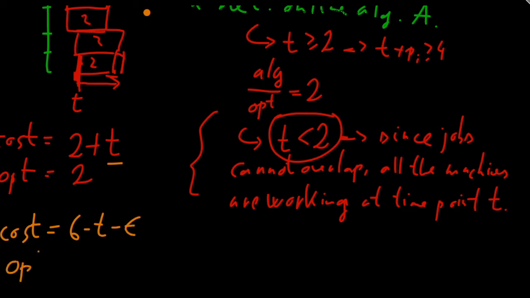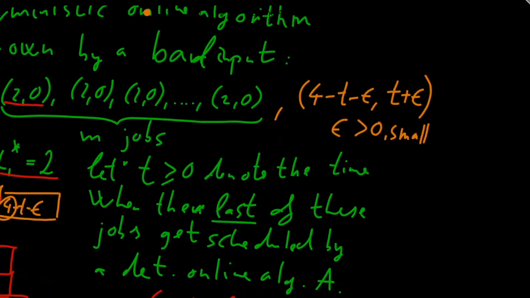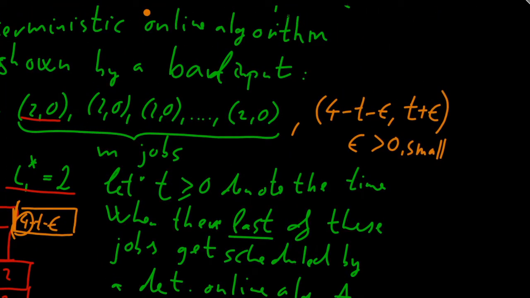And the optimal cost is very similar to the one we've seen previously, because if this job arrives at t plus epsilon and it takes 4 minus t minus epsilon time to get processed, this means that the algorithm's cost is at least 4, because the sum of these two is exactly 4.